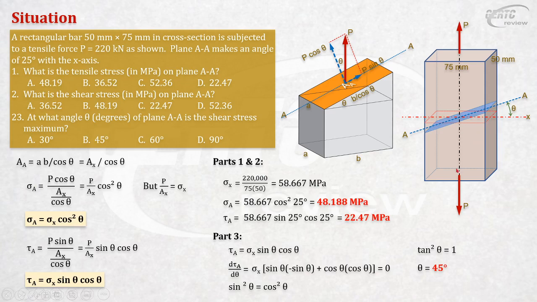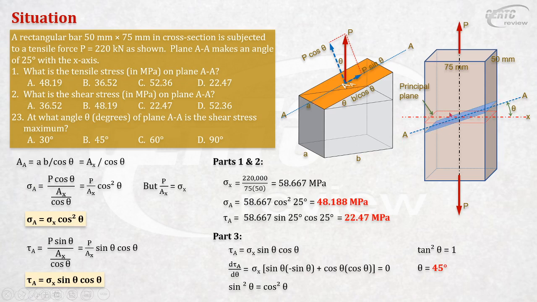By the way, I will define this clearly. We call this the principal axis. What is the property of the principal axis? At the principal axis, there is no shearing stress. Any axis that has no shearing stress is a principal axis. This axis AA is no longer a principal axis because it has shearing stress.